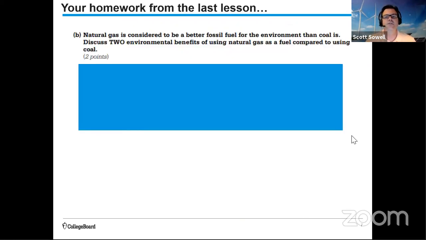All right, B, natural gas is considered to be a better fossil fuel for the environment than coal is. Discuss 2 environmental benefits of using natural gas as a fuel compared to using coal. So we're not looking for 2 environmental benefits in general, we're looking at 2 environmental benefits as compared to coal.